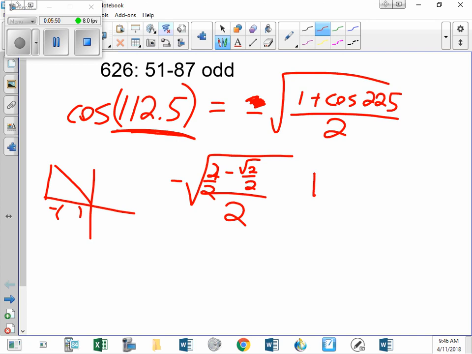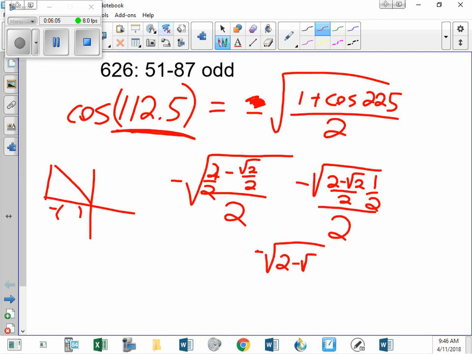And it's going to be the square root of (2 minus root 2 over 2) over 2. Flip and multiply. So negative square root of (2 minus root 2) over root 4, which is just 2. Those are cosine problems.